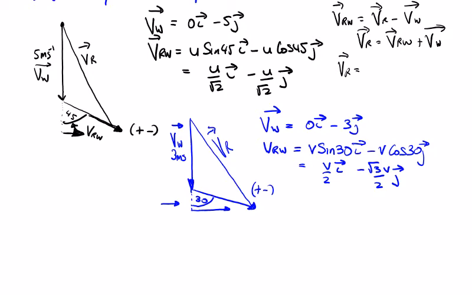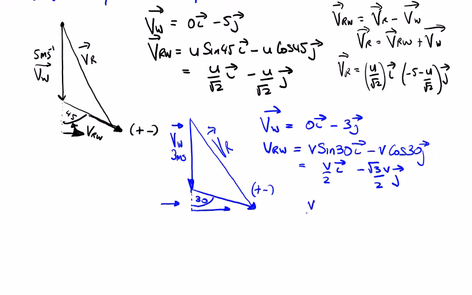So we have u over root 2 plus 0 times i. So u over root 2 times i. And we have minus 5 minus u over root 2 times j. In blue, we're going to add them together.